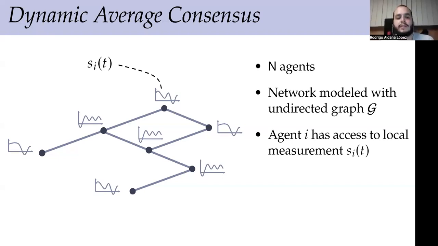Yeah, it's a connected graph, but it's not a fully connected graph, right? For example, I don't know if you're seeing the screen, but this agent has only access to its own signal and its neighbors. Yeah, but it is a connected graph, which means that from each node you can go to each node. Yes, for sure. In particular, all nodes can have all information.